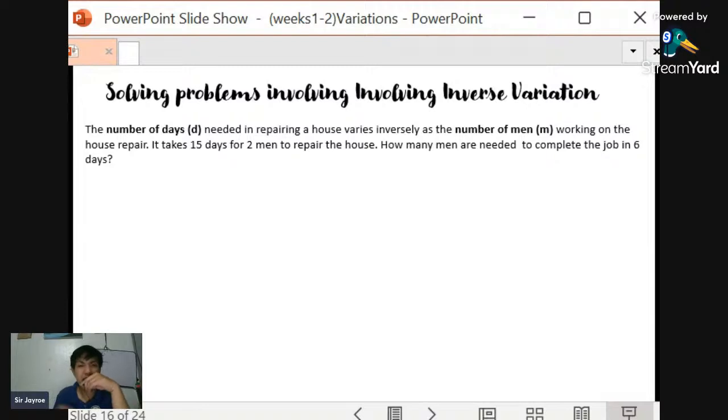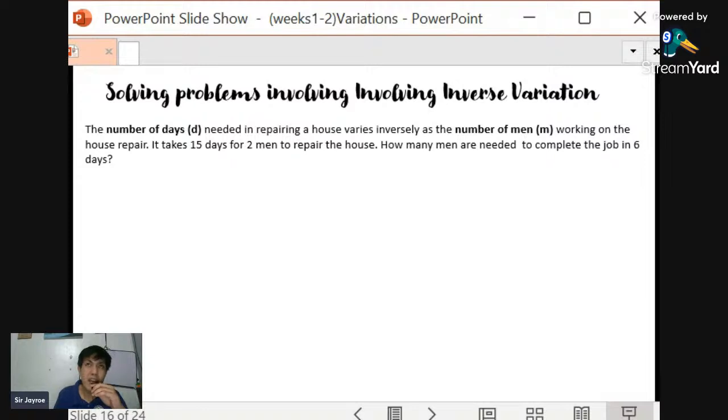Okay? So what is the idea in this problem? So idea in this problem, for example, you are repairing a house, 'di ba? The more days that you are repairing a house, it means that there are lesser people who are working. Nakuha niyo po? 'Di ba, for example, kung ikaw ay mag-isa lang na gumagawa ng bahay, so mas matagal yung ite-take na paggawa ng bahay compare kung mas madami.